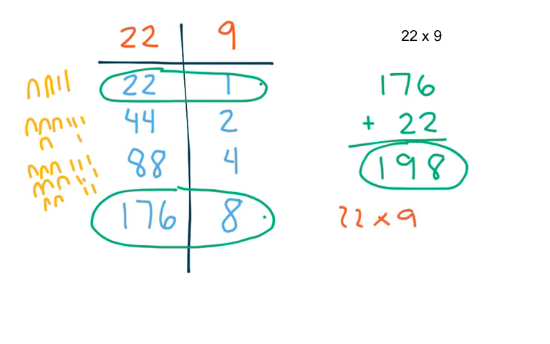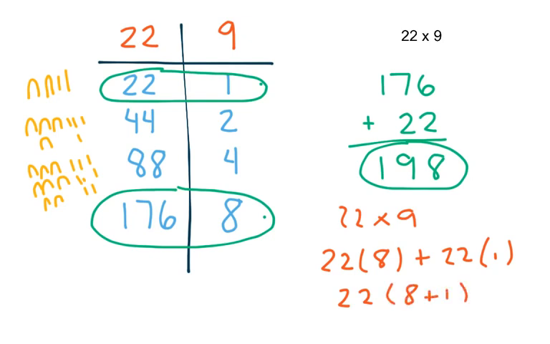What it turned out to be was, I'm going to do 22 times 8 plus 22 times 1, which the distributive property tells us will be 22 times 8 plus 1. Notice what we've got here is 22 times 8, 22 times 1, and that's exactly what we were doing in our problem. The Egyptians were really kind of using the distributive property when they did Egyptian duplation.